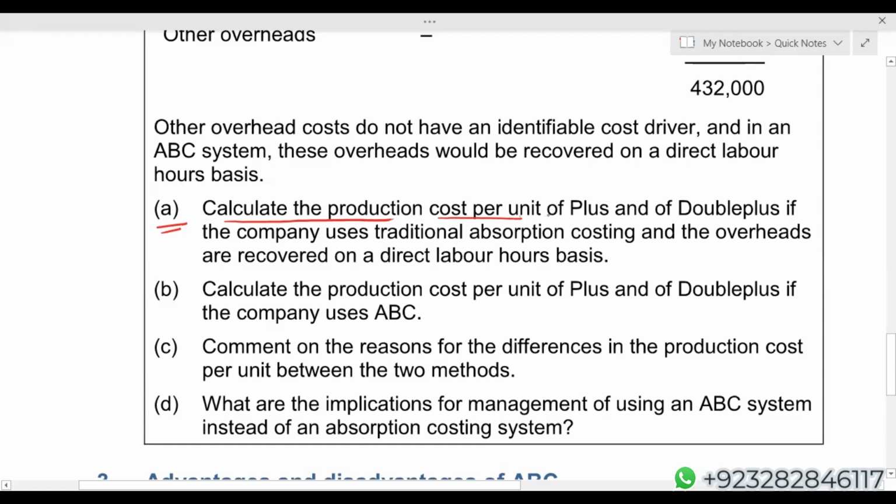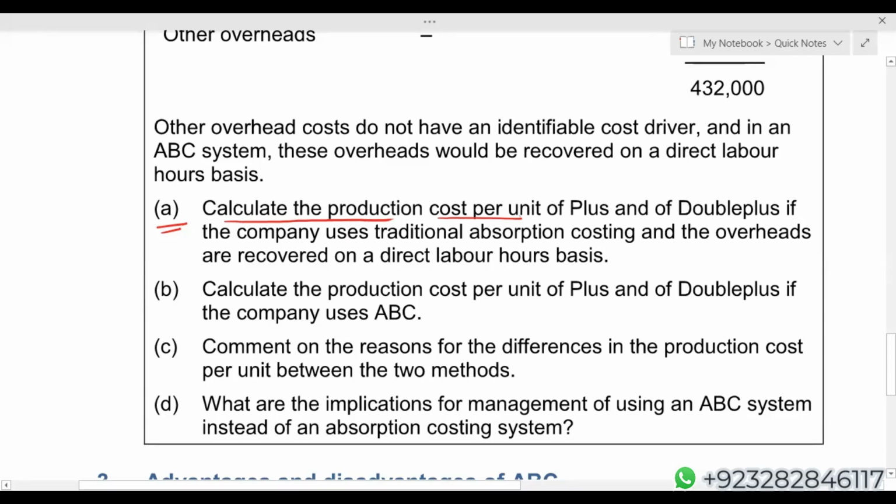In production cost, there will be direct material, direct labor, and obviously we take production overheads as well. Obviously, there's a concept of direct expense as well, but these things are not examinable in PM. So simply, when we say production cost, there will be one direct cost, and then there are your production overheads.